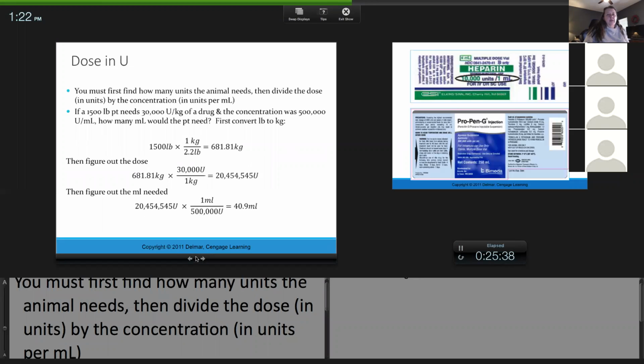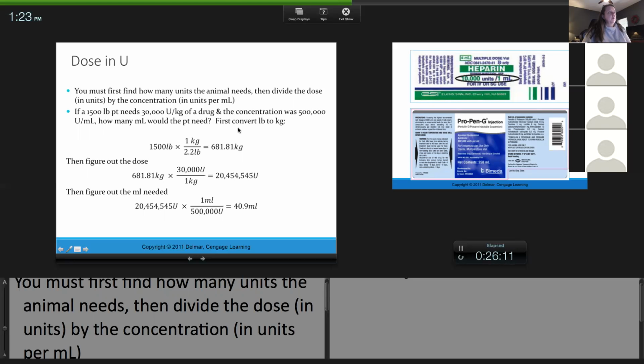Units is a little bit different. With units, we first figure out what the animal needs, and then we have to divide by the concentration in mLs. So let's say a 1,500-pound patient, which is probably a horse or a cow, needs 30,000 units per kilogram of a drug. Concentration is 500,000 units per mL.